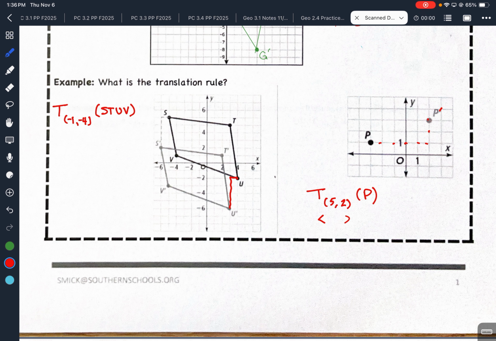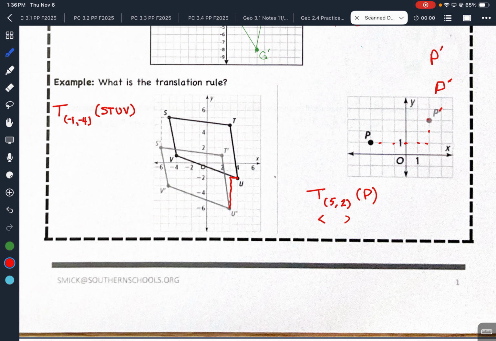So do I start with the gray or the black? You always start at the one that's not prime. So you're always going from the unprime to the prime with the apostrophe on it.